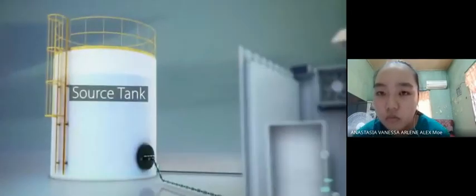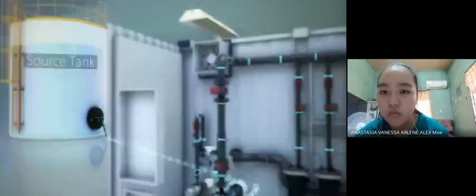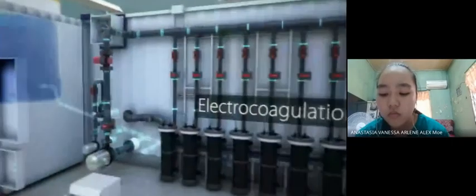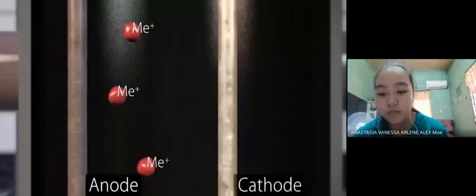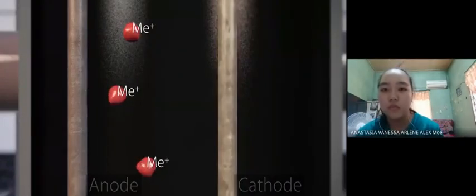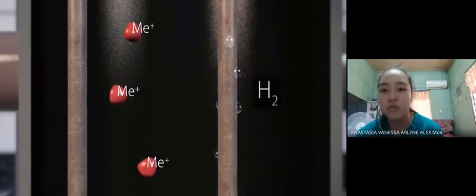Prior to treatment, water is collected in a source for processing through the system. The electrocoagulation or EC system consists of 3 primary components: a power supply, the EC cell housing, and the EC electrodes. As water passes through the EC cell, multiple reactions take place simultaneously. First, on the surface of the anode, a metal ion is driven into the water. Second, on the surface of the cathode, water is hydrolyzed into hydrogen gas and hydroxyl groups.